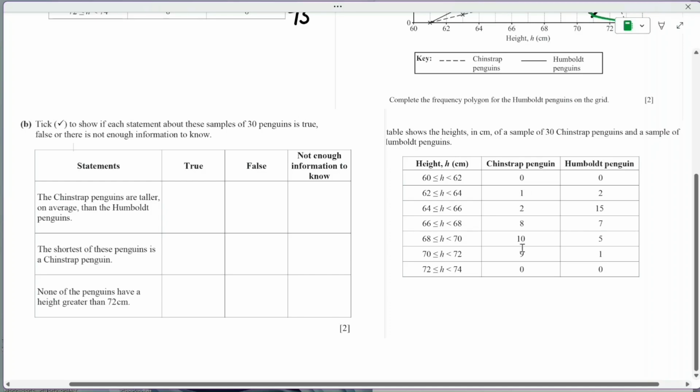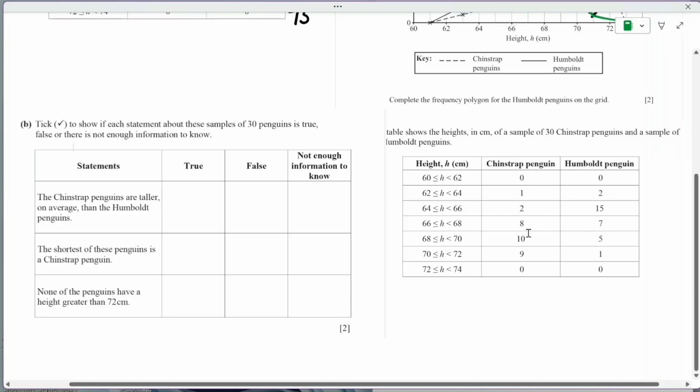So if you look at this table, you will notice that the Chinstrap penguins are more around the taller heights. That is from 66 to 72. You have 8, 10, and 9, as compared to the Humboldt penguins, where you have 7, 5, and 1. But you have more of the Humboldt penguins clustered at shorter heights, that's from 66 up to 60.